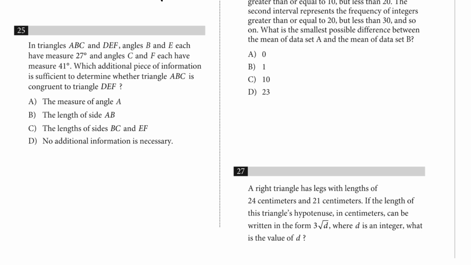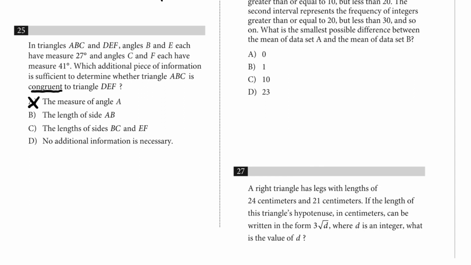So the key word here is congruent. There's rules for two triangles to be congruent, and there's rules for two triangles to be similar. In order for it to be congruent, we not only need to know the angles, but we also need to have at least the measure of one side. So the measure of angle A won't help.